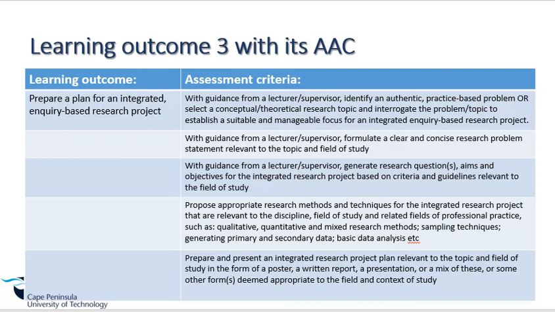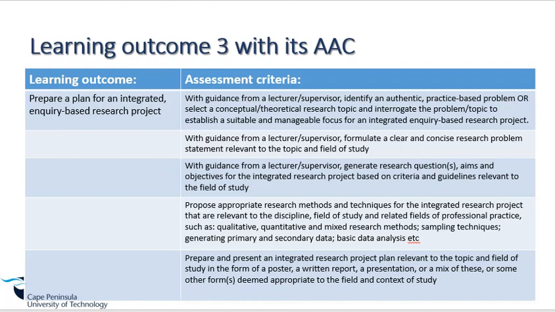All right. The assessment criteria should more or less encompass the following. With guidance from a lecturer or supervisor, identify an authentic practice-based research problem, or, in the case of a Bachelor Honours, select a conceptual or theoretical research topic and interrogate the problem or topic to establish a suitable and manageable focus for an integrated inquiry-based research project.